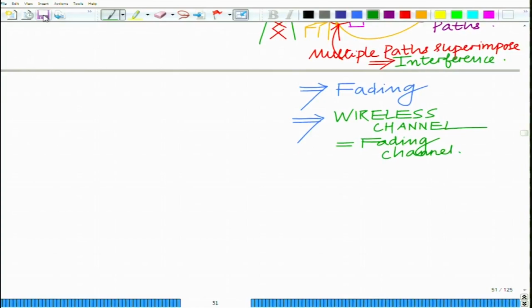Therefore, I cannot simply use the AWGN channel model for the wireless channel, I have to use a different model. Your wire line or conventional channel model is additive white Gaussian noise, that is, received signal y equals transmitted signal x plus noise. In addition, in a wireless channel, I will have the presence of a multiplicative factor h, which is a coefficient.